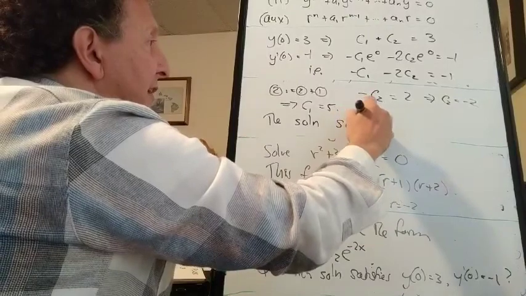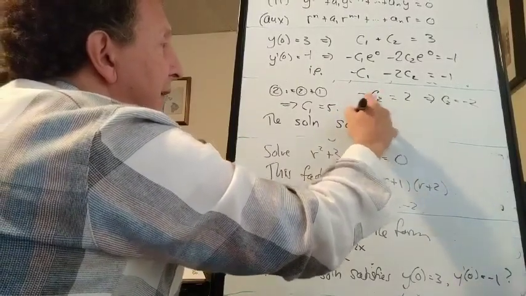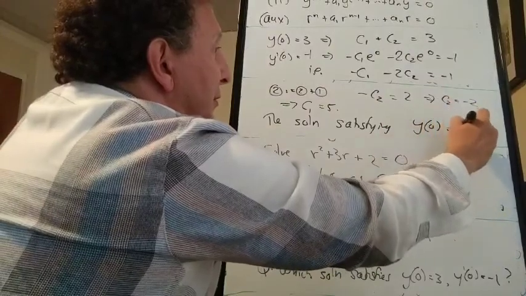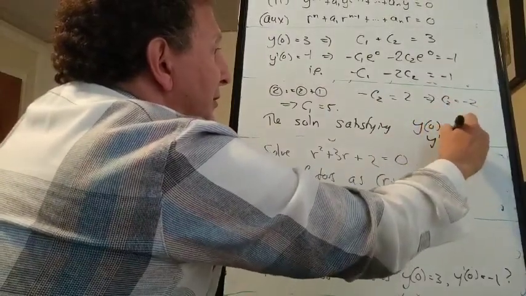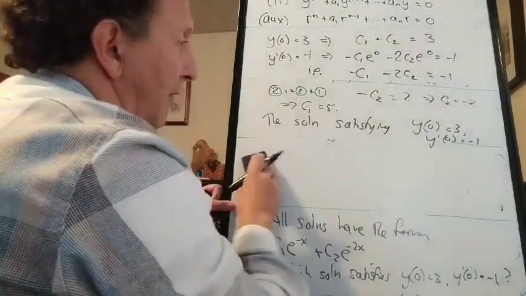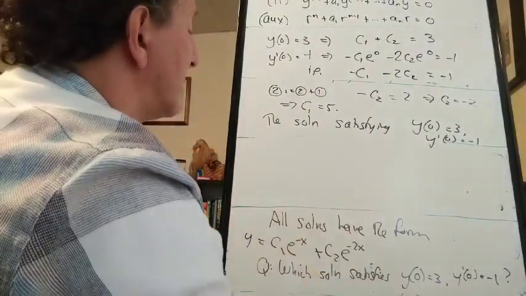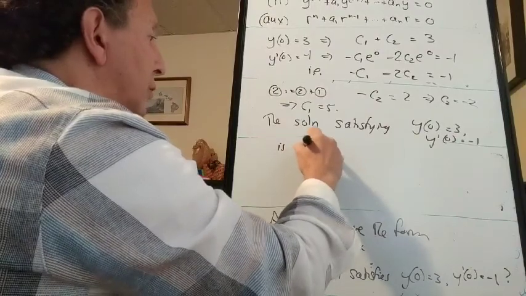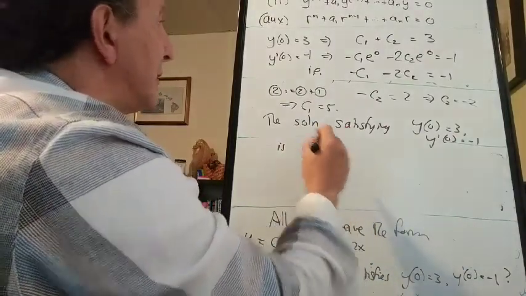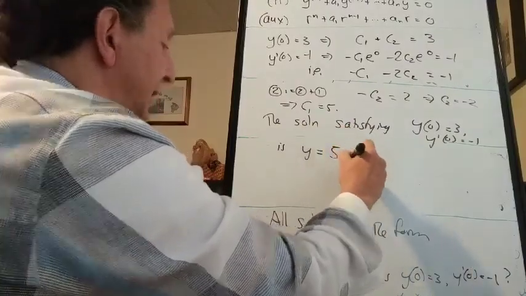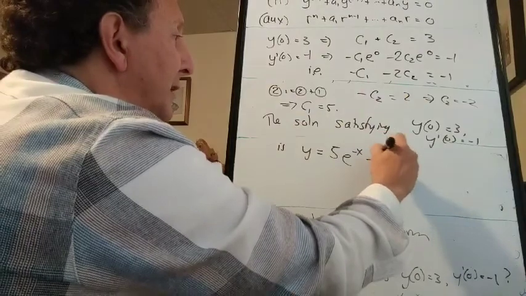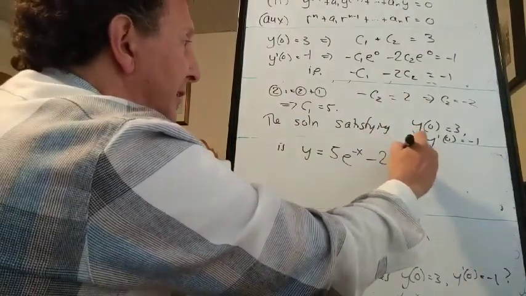So the solution satisfying y of 0 equals 3, y prime of 0 equals -1, is y equals 5e to the negative x, minus 2e to the -2x.